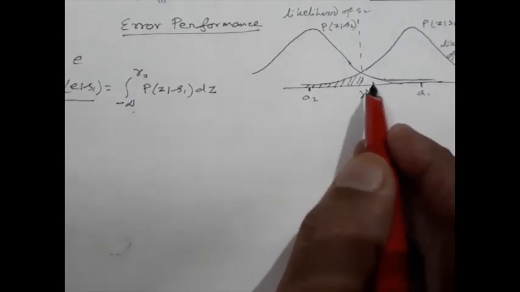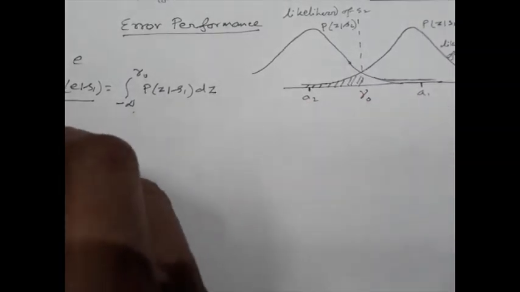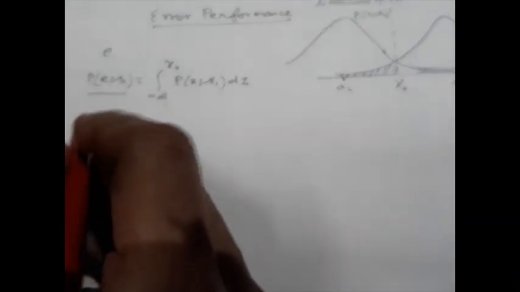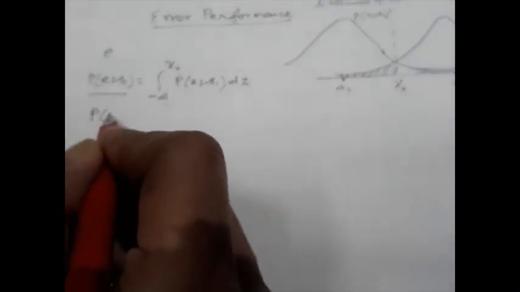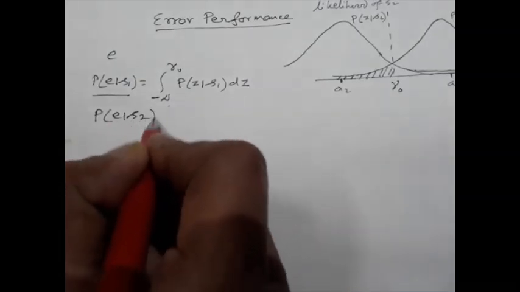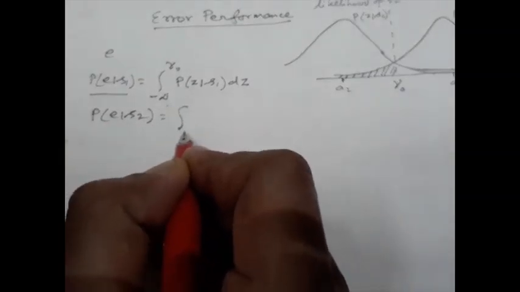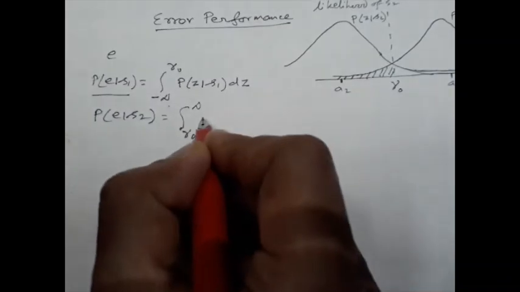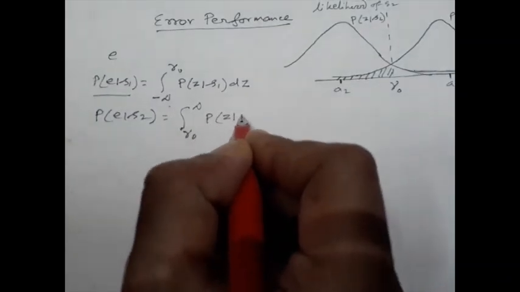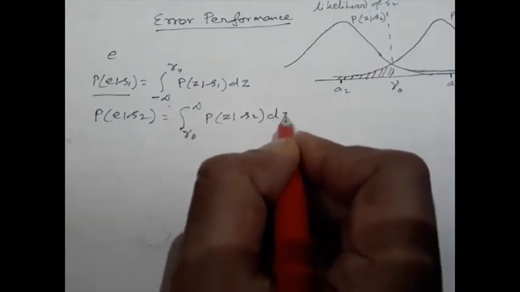So the probability of such occurrence can be written as P(E given S2) equal to the integral from gamma 0 to infinity of p(z given S2) dz.